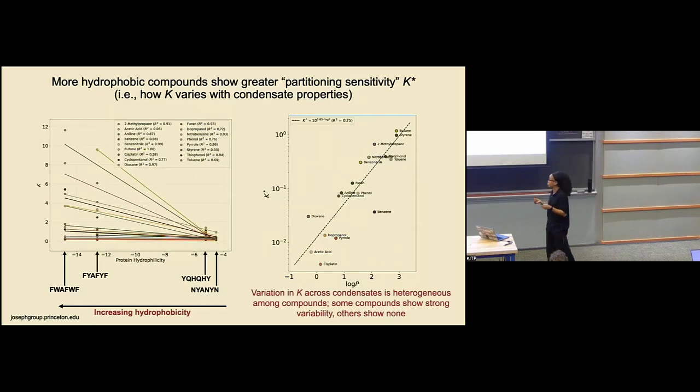Some show strong variability, others do not. And so we started to think about this problem. The first thing that we wanted to do, we're very excited about thinking about drugs and how you can target these types of systems. And if you think about a lot of the examples that we've looked at, the fraction of polar residues in things like FUS and HNRNPA1 is very high.